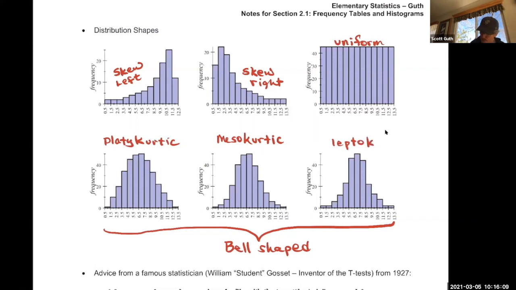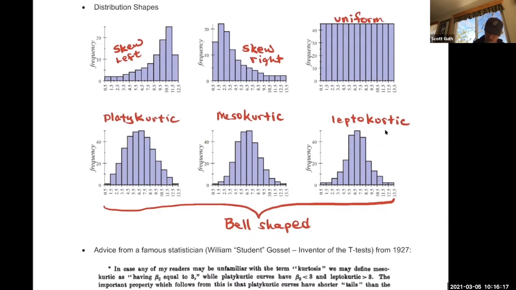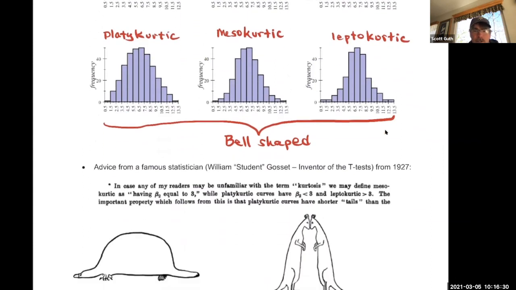And we'll be talking about a measurement called kurtosis later. Kurtosis is a measure of peakedness, which is basically how well defined the peak is in a bell-shaped distribution. So when the tails are short, they're called platykurtic, like a platypus.